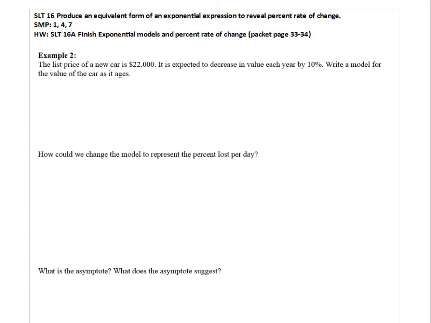Okay, so here's number 2. We have a new car, and it's going to decrease in value by 10%. So when it's decreasing, we're going to do 1 minus the rate to the time. So let's write a model.